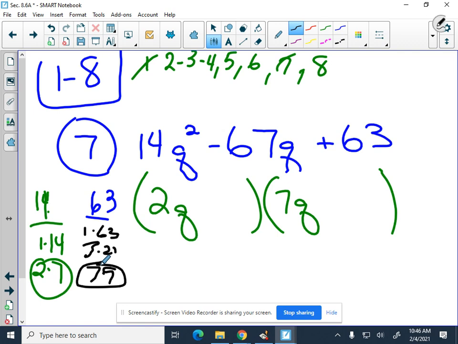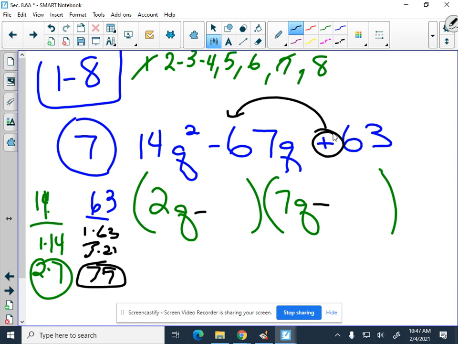Now, it's positive, so they have to add to a negative. That tells me they're both negative. If the last number is negative, one's positive, one's negative. That's where it's usually tricky. But here they're both negative because it's positive. They have to be the same sign. That tells me they're the same, and they're both negative.